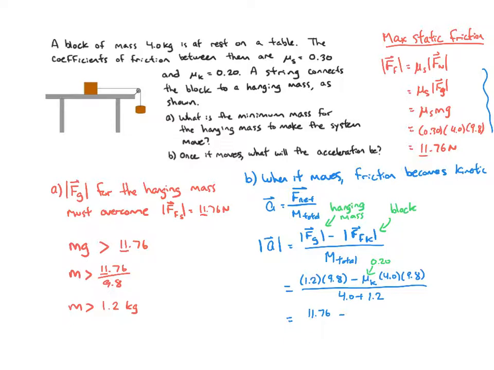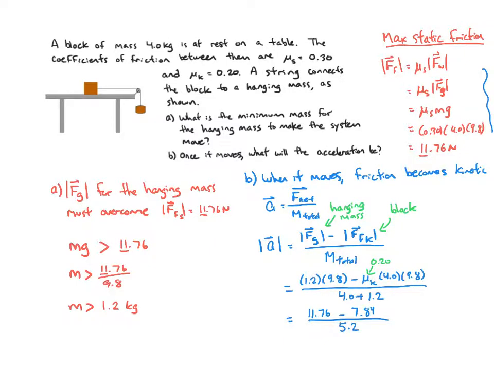And then 0.2 times 4 times 9.8. Calculate that. That gives me 7.84. And then the total mass is 5.2.